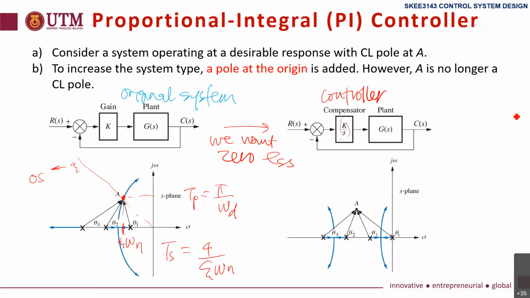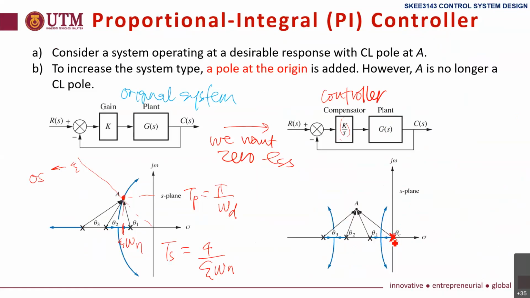Okay, s equal to 0, that means a pole at the origin. So here we add another pole at the origin because we add s. And if we add a pole here, we can see that the root locus now will be different because we have 4 poles.